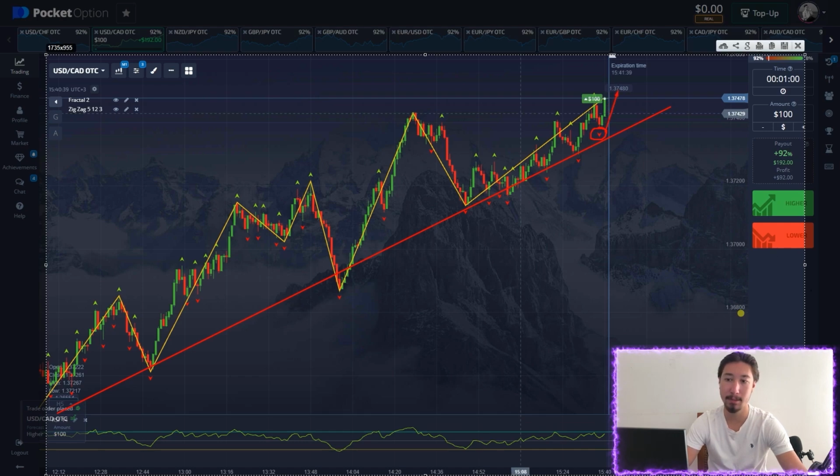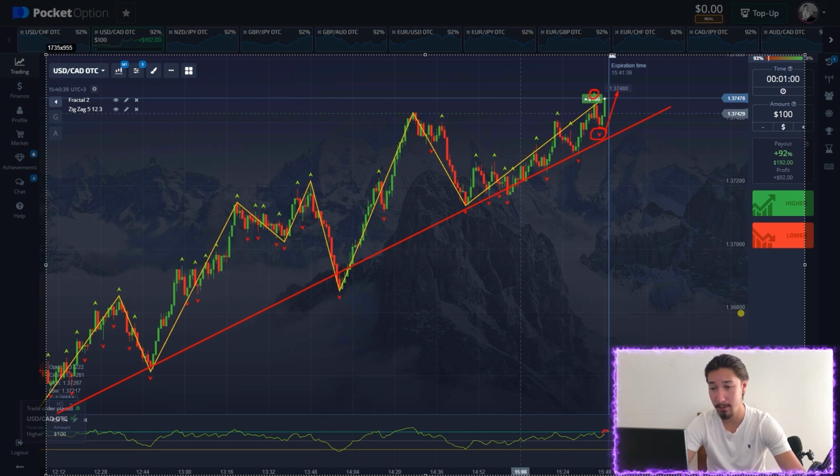So we expect to see continuation of the uptrend. The price is gonna move to the upside towards the updating of the new local high. Previously the local high was updated at this point according to the fractal, and the next local high should be way higher. So that's why we open long.